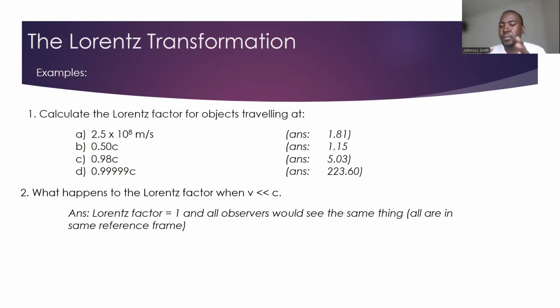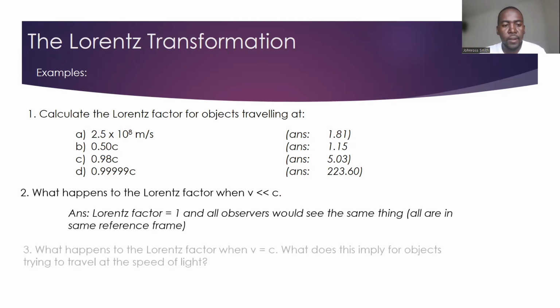All are in the same reference frame. So what this tells us is if we find the Lorentz factor gives us 1, then that means all the observers are within that same reference frame observing that event.